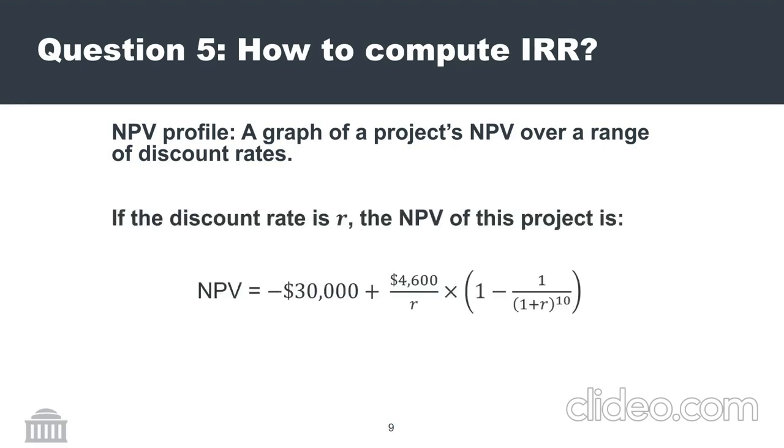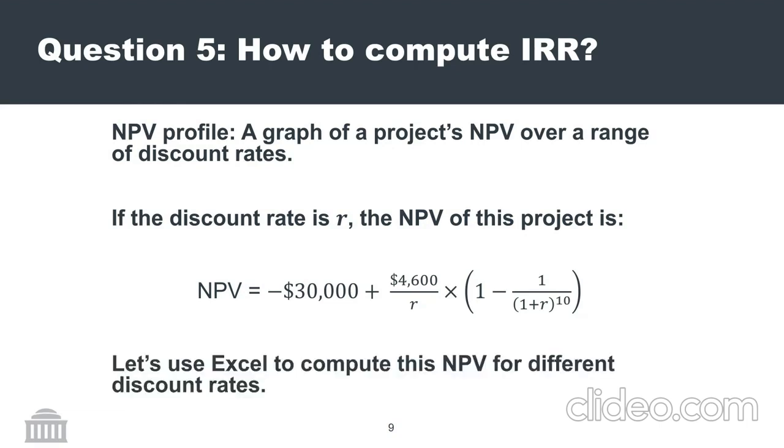In our case, if the discount rate is R, the net present value of this project is negative $30,000, which is the initial investment, plus $4,600 divided by R multiplied by 1 minus 1 divided by 1 plus R raised to the power 10. Here, we are using the formula that computes the present value of an annuity that pays $4,600 each year for 10 years, starting in year 1.